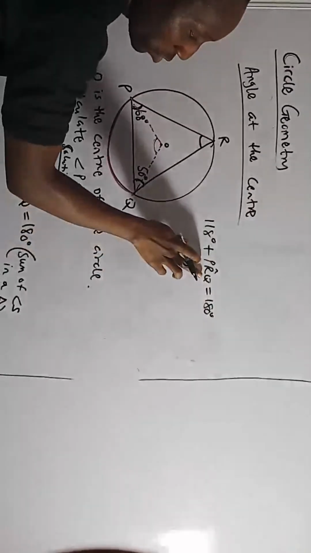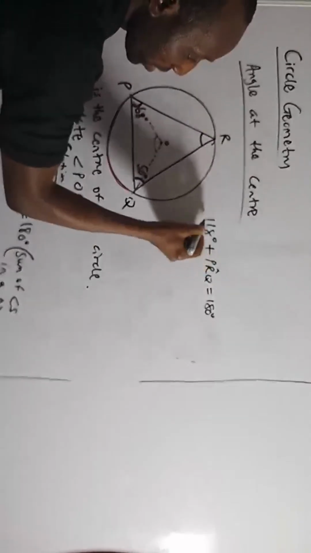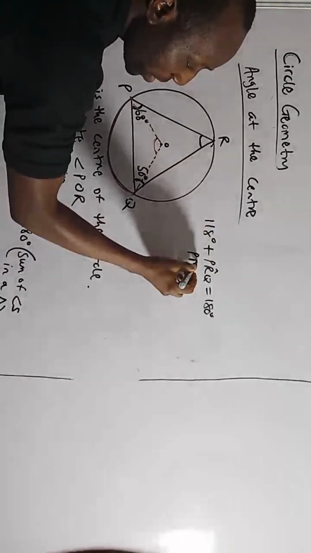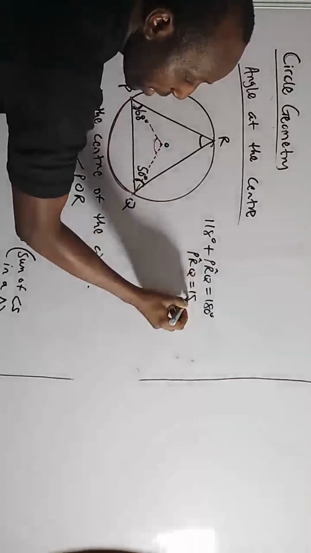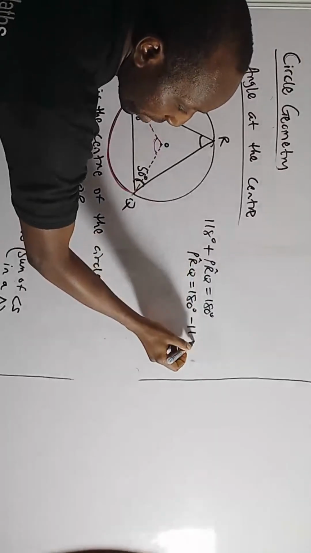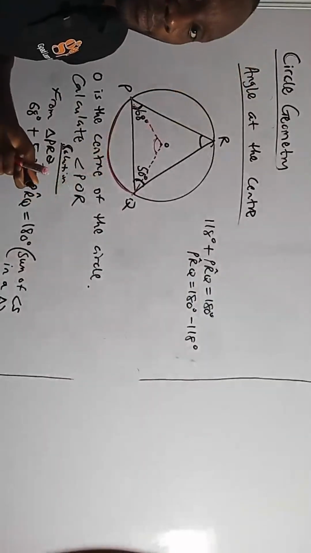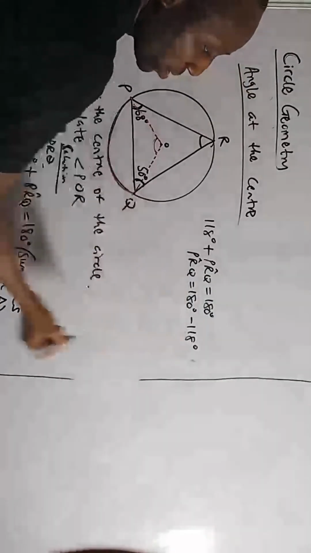Now, since we are trying to get angle PRQ, let's subtract this from both sides. So angle PRQ will be equal to 180 degrees minus 118 degrees. Okay, so what is 180 minus 118?